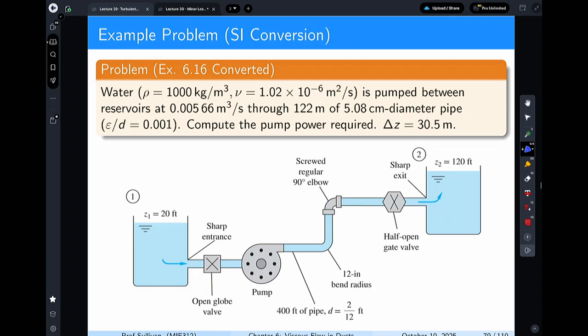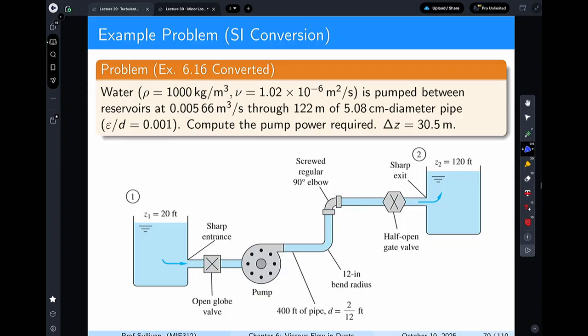Okay, water is pumped between two reservoirs, 0.00566 cubic meters per second through 122 meters of 5.08 centimeter pipe. Compute the pump power required.